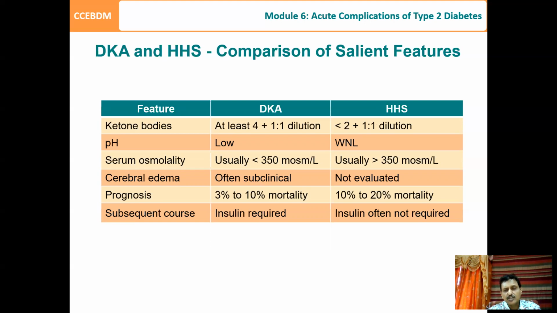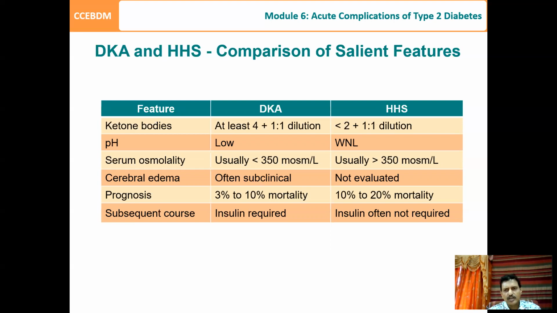In HHS, it should always be more than 7.3. There may be some reduction of pH, but it should not go below 7.3. Osmolality in HHS is always very high, at least more than 320, if not more than 350. Cerebral edema can be present in DKA.